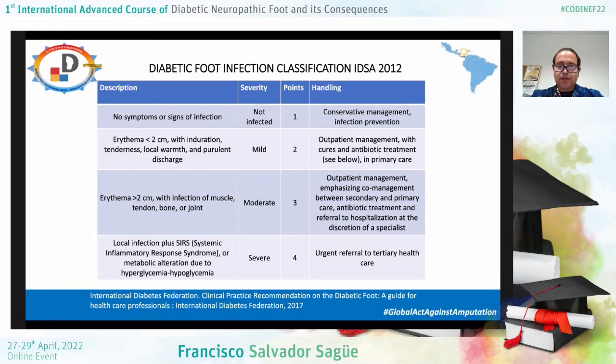According to the 2012 IDSA classification, the important thing was the clinical signs of infection until reaching the systemic response, which was grade 4, considered severe.